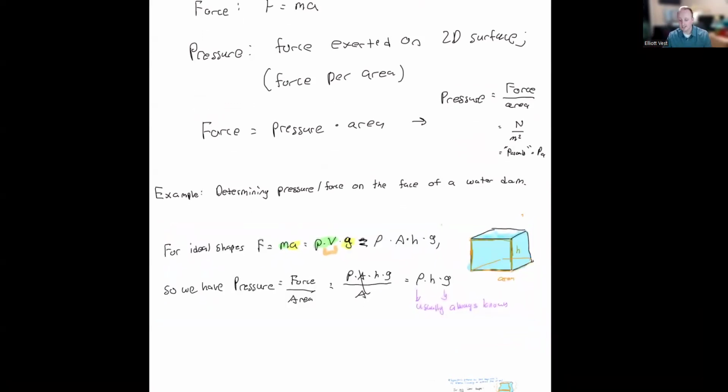In the prior section, we saw that for ideal shapes, where there's just a constant force throughout, we have F equals ma, which is where the magic starts, right? And we showed that mass is equal to density times volume. Volume we can break apart even further to be area times a depth, or area times a height.